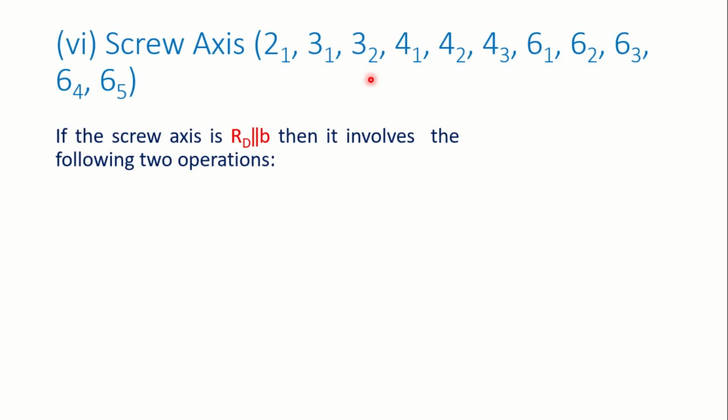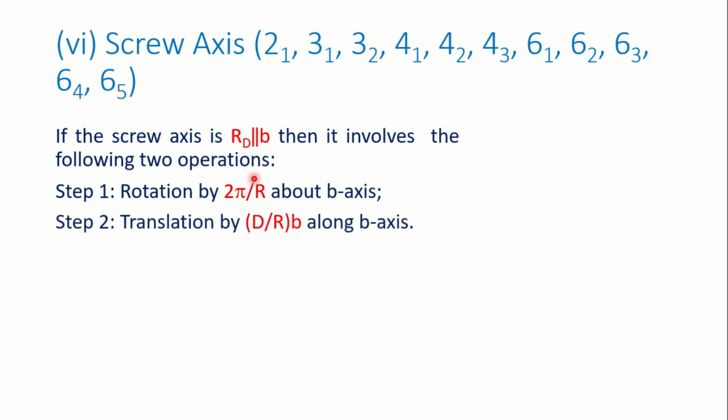If the screw axis is R_D parallel to B, R_D screw parallel to B, then it involves the following two operations: rotation by the reciprocal of R into twice pi, that means 2 pi by R, about this B axis, and then translation along B axis by D by R into B unit.